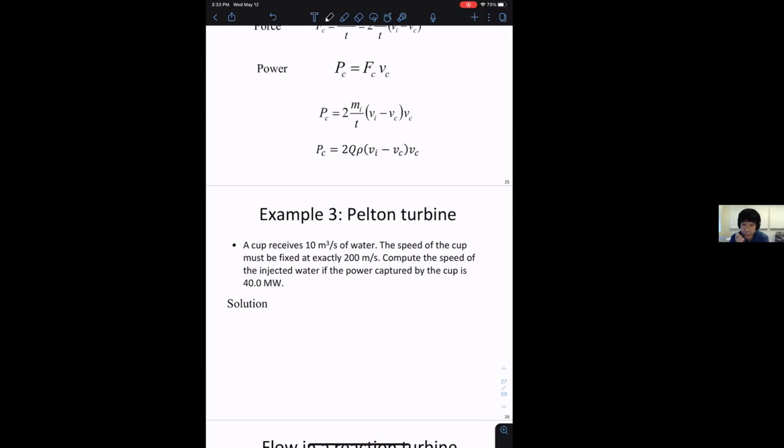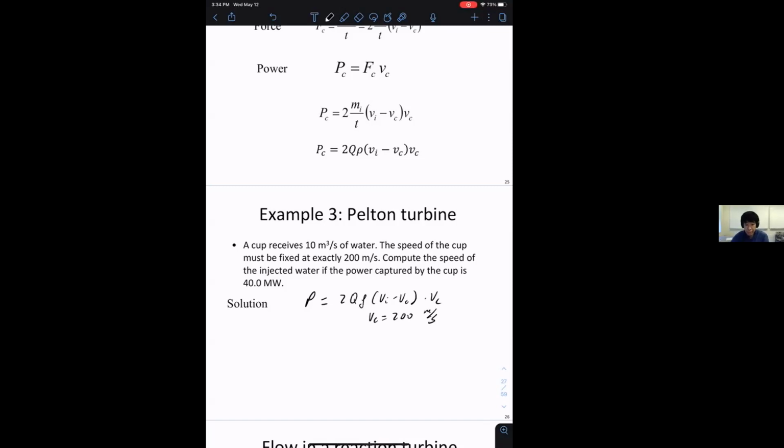If you look at this question, it says a cup receives 10 cubic meters per second of water. The speed of the cup we're going to fix at 200 meters per second. Then we want to control the speed of the injected water for the power captured by the cup to be 40 megawatt. So here we have P equal to 2Q rho (Vi minus Vc) times Vc, with Vc fixed at 200 meters per second.